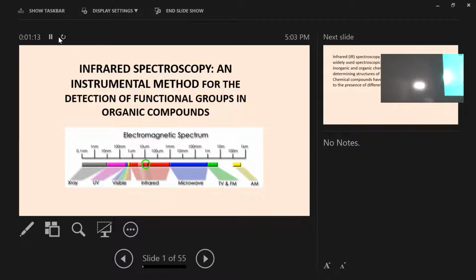Maybe you are taking the wavelength from 200 nanometer to 1000 nanometer. In a certain region, when you are giving a continuous wavelength, the molecule will absorb a certain portion.